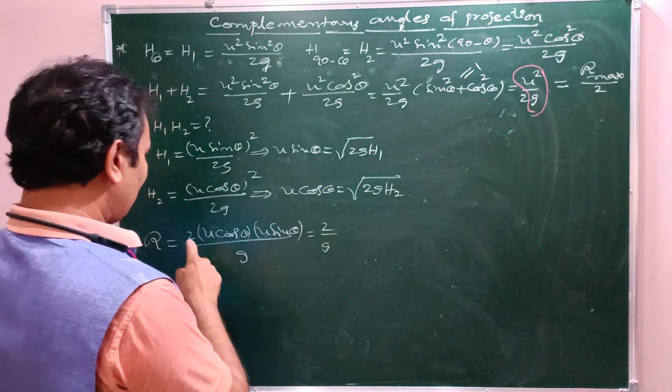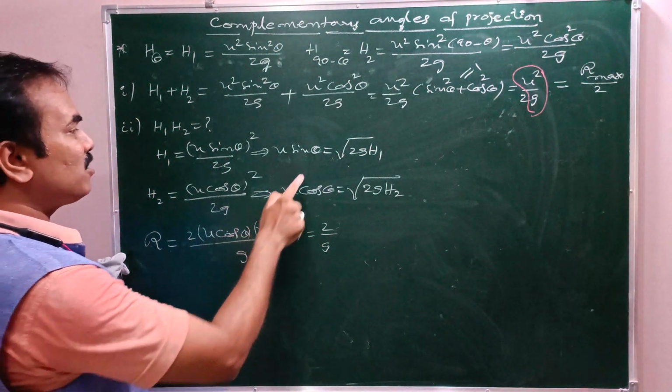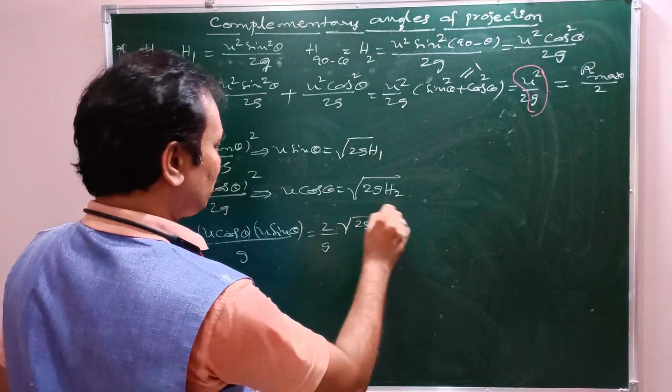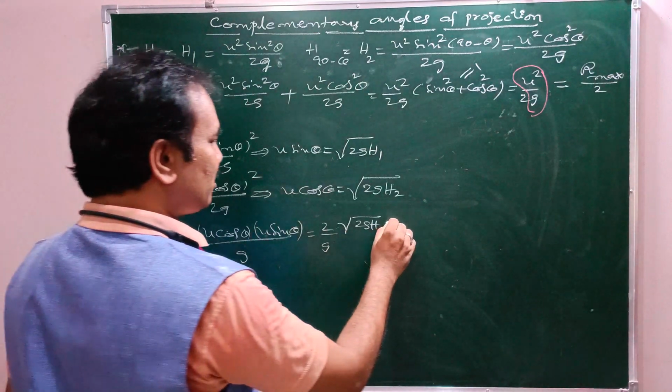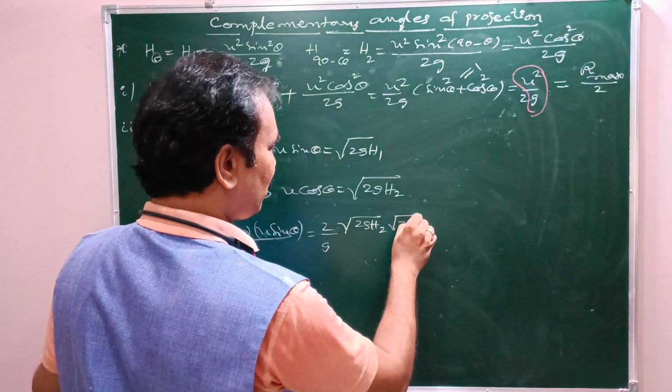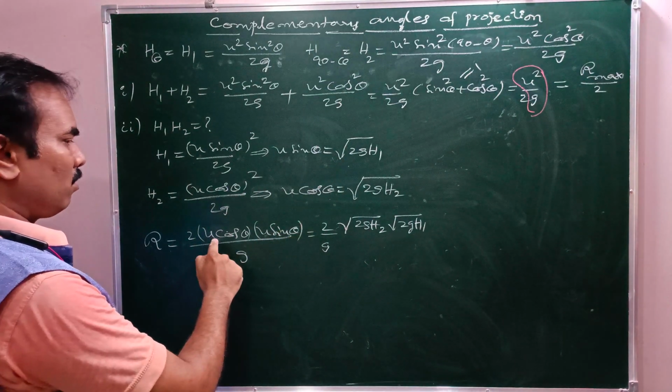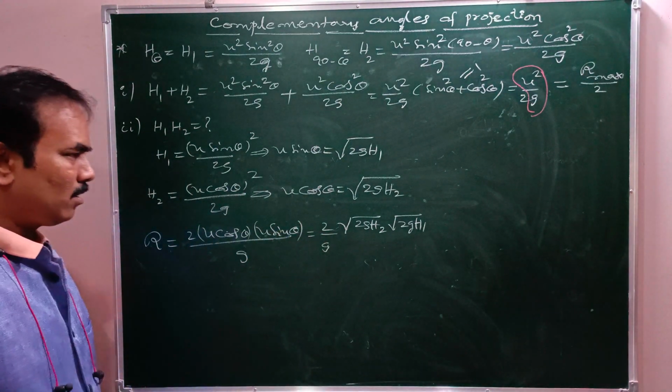See here, 2 by g into u cos theta, which is root 2g h2, into u sin theta, which is root 2g h1. Alright? So 2 by g into root 2g h2 into root 2g h1. Right?